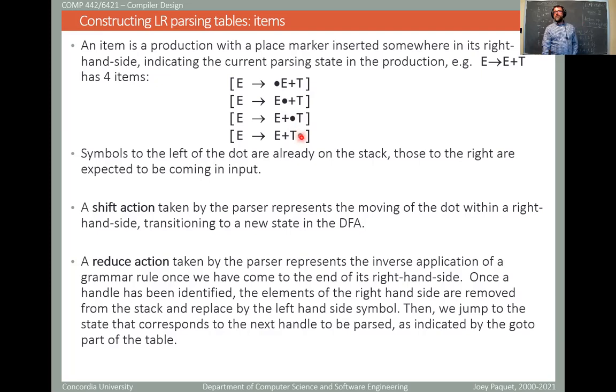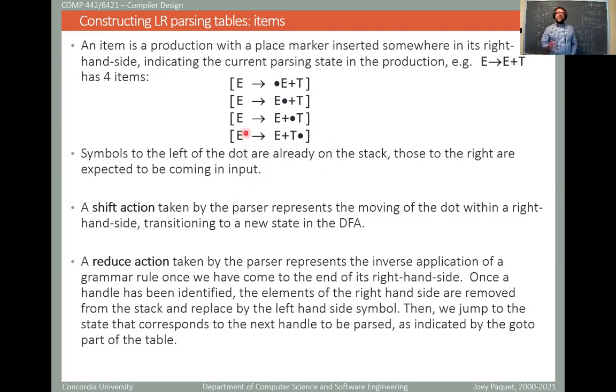The goal is to come to the end here and then remove from the stack the E plus T and replace it by E. So the goal is, of course, to have the dot at the end of the right-hand side, identify it as a handle, and then apply a reduce operation. All this idea is to keep track of where you are in the processing of a particular right-hand side.